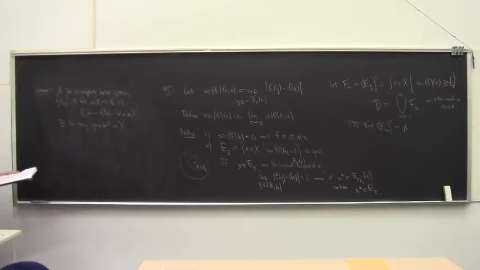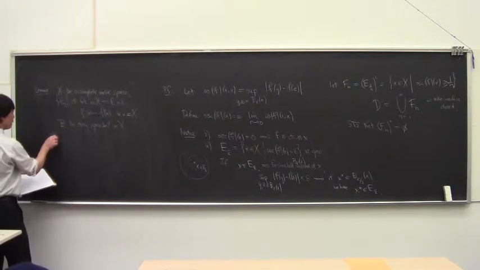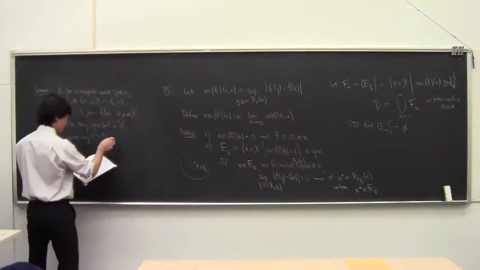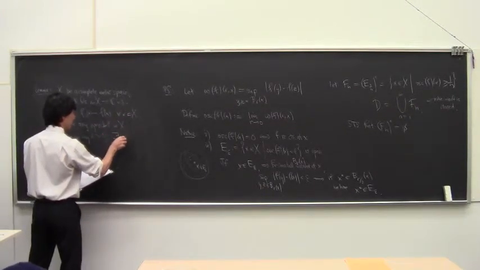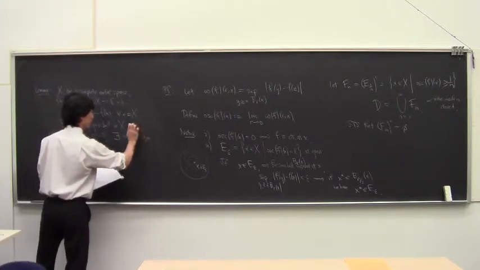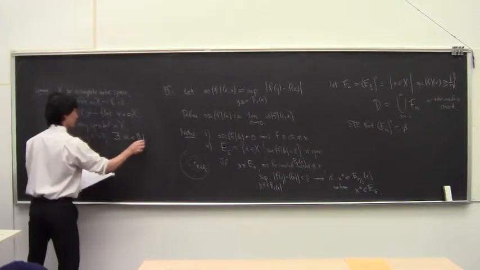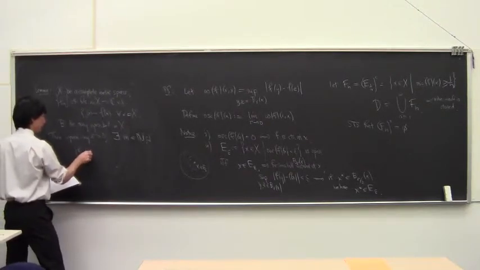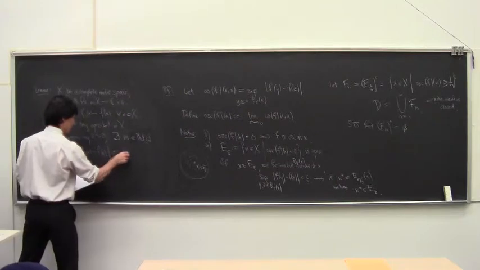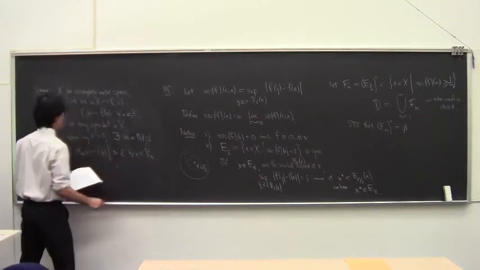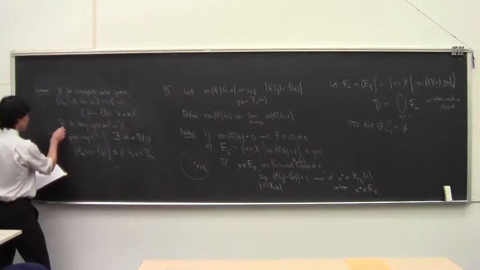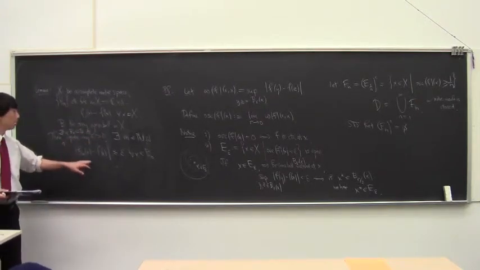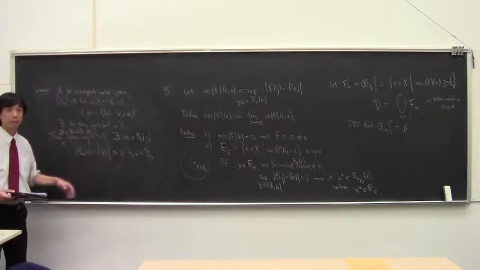Then the claim is that, given any epsilon, there exists an m greater than or equal to 1, some natural number, such that |f_n(x) - f(x)| is controlled by epsilon for all x in the... so I should say, then there exists a smaller ball contained in B such that, given any epsilon, there exists an m such that this happens.